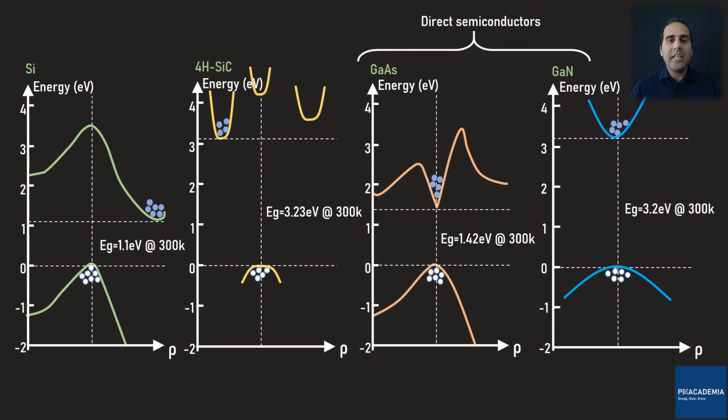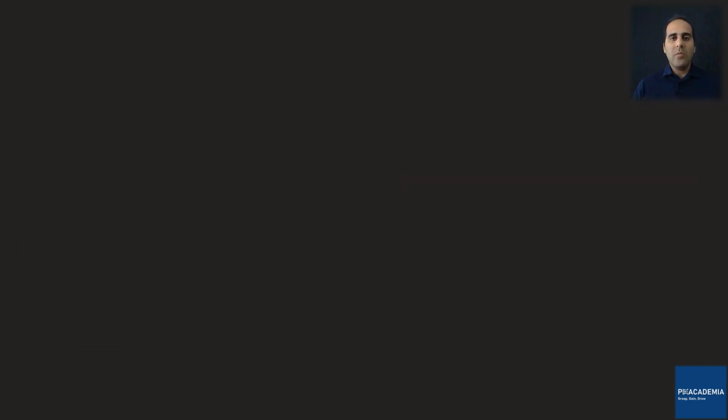In all these K-space energy diagrams, you can see that most of the states are accumulated around the maximum and minimum of the valence and conduction bands. You may now wonder why we care about a semiconductor being direct or indirect. This is a really good question.